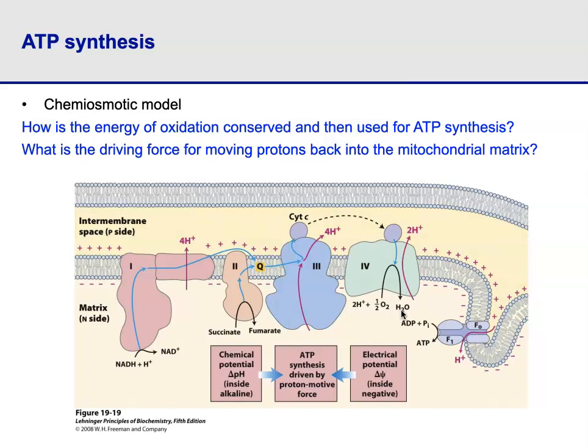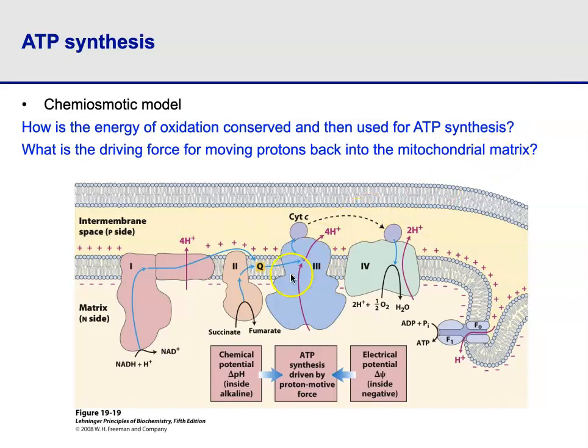Now, to start, let's do a little bit of a review. How is the energy of oxidation conserved and then used for ATP synthesis? I pretty much already mentioned that a moment ago, but the energy has been stored in the form of electrons that are carried either by NADH or FADH2.